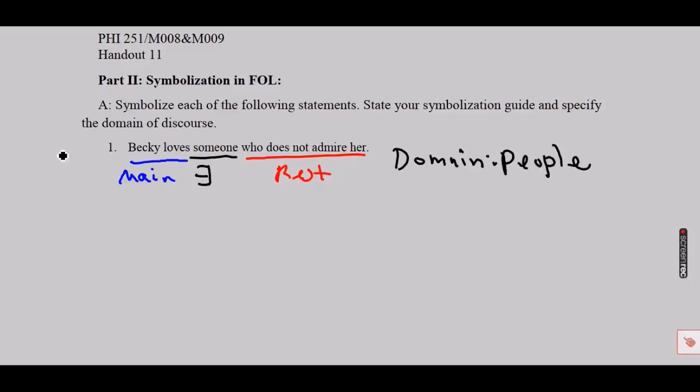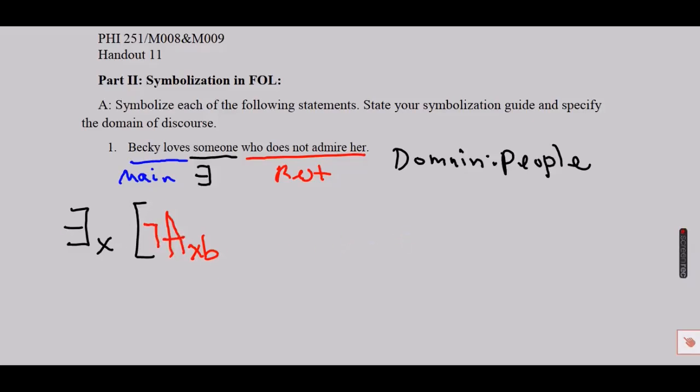Okay, so when you are dealing with the existential, restrictor and main are going to be connected by an and. So here is how we do the symbolization. There is some x in the domain of people such that the restrictor goes first, and the restrictor is x does not admire Becky. So using A for admire, this means x admires Becky, and then we need to negate it.